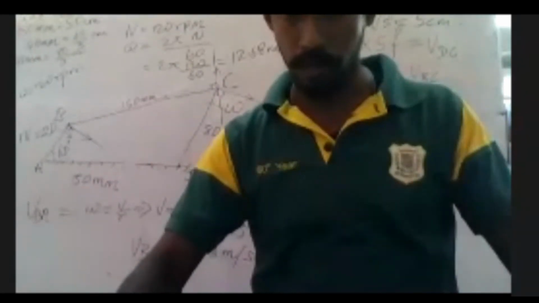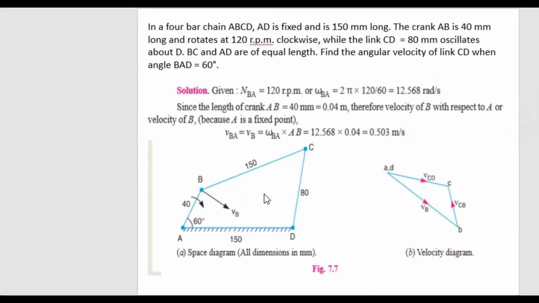So now we'll see what is the velocity already done. I'll share the screen. So I have the space diagram here, right? Parallel to this one, there is BB. Parallel to this one, there is DC, right? I have a velocity for this, and parallel to this, I have this BCD here.